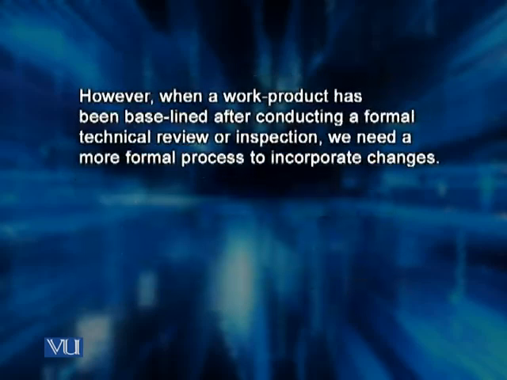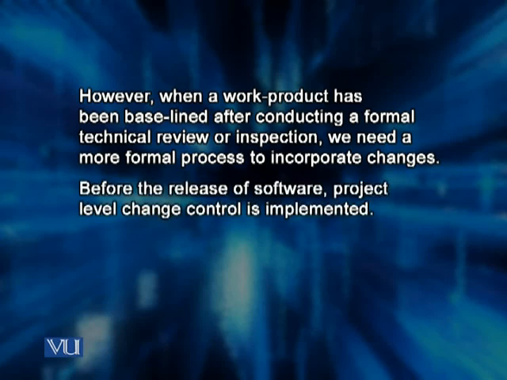However, when a work product has been baselined after conducting a formal technical review or inspection, we need a more formal change control process to incorporate changes. Now, there are two situations here. One is the software has not been released, but it has been baselined and put under the project database.